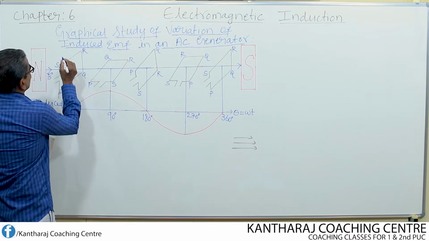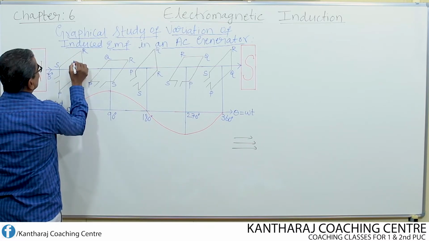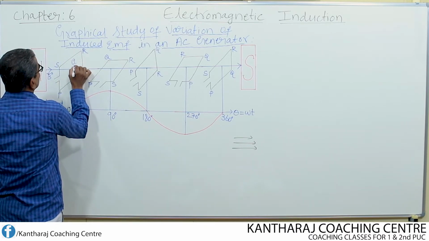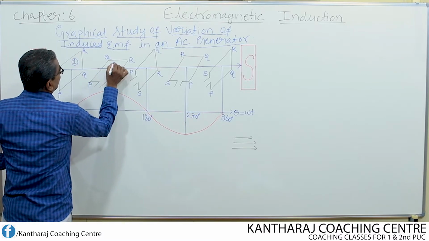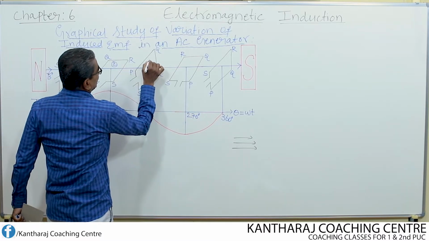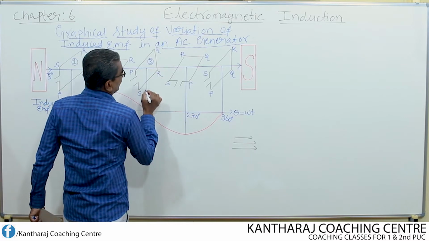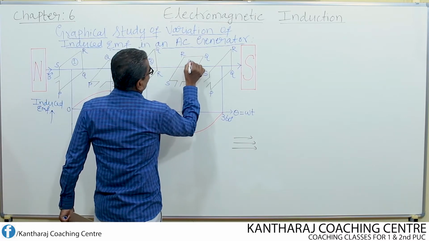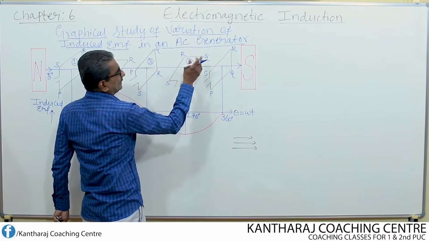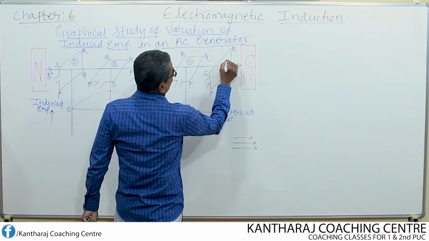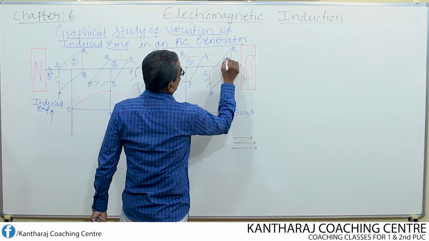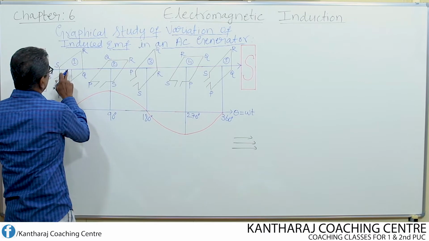So I consider this as stage 1, this as stage 2, and this position of the coil as stage 3, and on rotating further it goes to a different stage, that is stage 4, and finally this is stage 5, which is the same as stage 1.